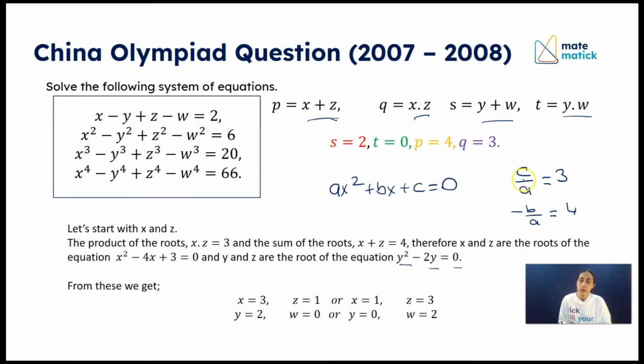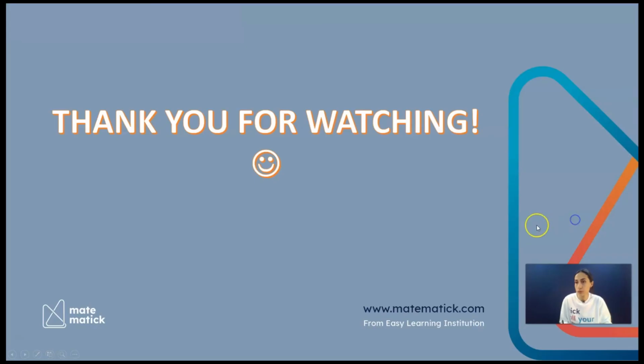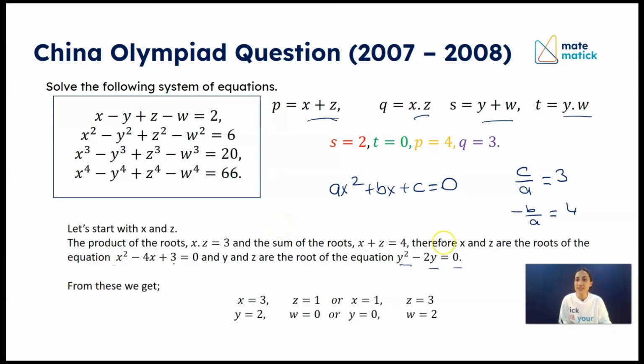So c over a is 3, so c is 3, a is 1, and minus b over a is equal to 4, so b is minus 4, a is equal to 1. So it's minus 4 over 1. Of course, we have here minus, and this is equal to 4. So this is actually how you find your quadratic equation. Also we apply the same thing for y and w. So at the end we had these two equations.